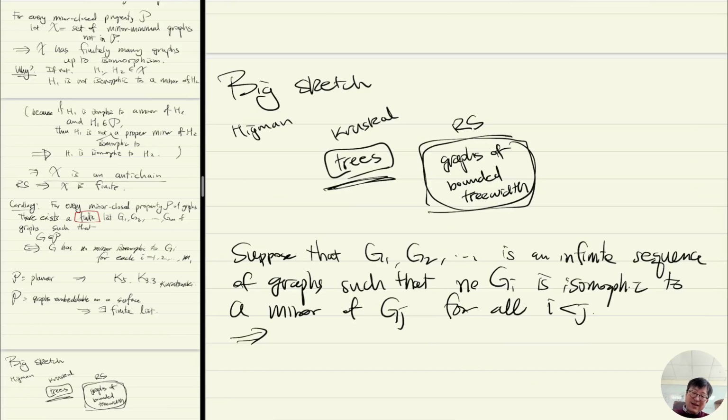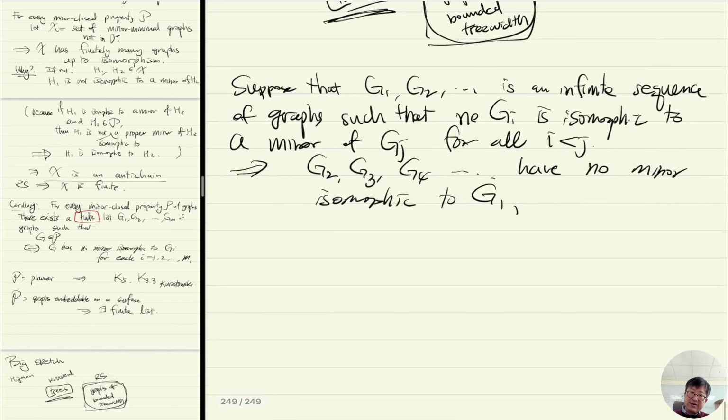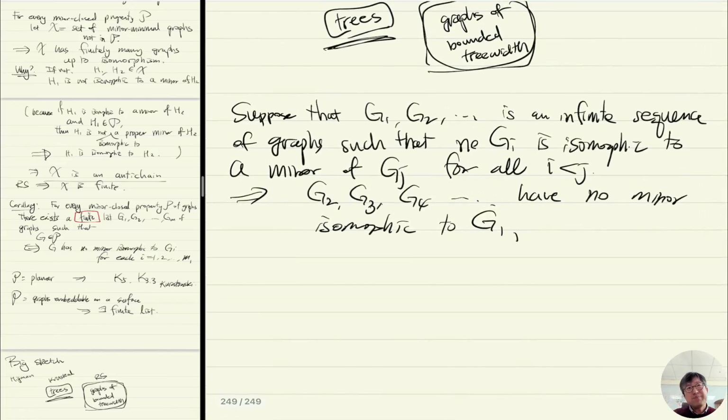Now, this implies that G2, G3, G4, all of these graphs have no minor isomorphic to G1, because the first graph cannot be a minor of any graph in the sequence.